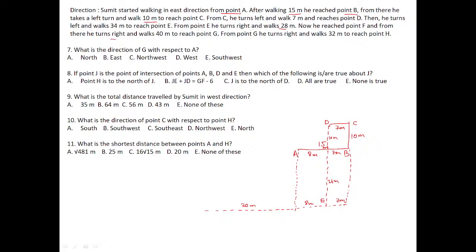From there he turns right and walks 40 meter to reach point G. So from F, this is the point F, and from here he turns right, means he moves to north direction and walks 40 meter. So see, here it is, just to avoid any kind of confusion, I am just making a dotted line here. Here it is, and this is 24 meter, right? Now moving to more here, this is 10, right?